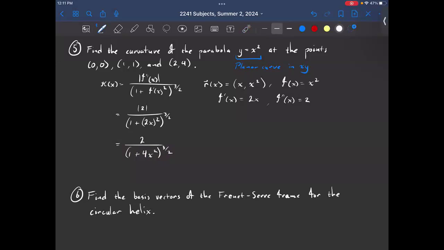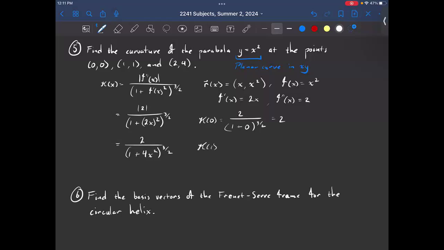All right. Now I want curvature at certain points. Well, since my parameterization is just x and x squared, it's in terms of the x variable, I can just plug in 0, 1, and 2, and I'll get out exactly what I need. So we need kappa of 0. That's going to be 2 over 1 plus 0 to the 3/2, or 2.